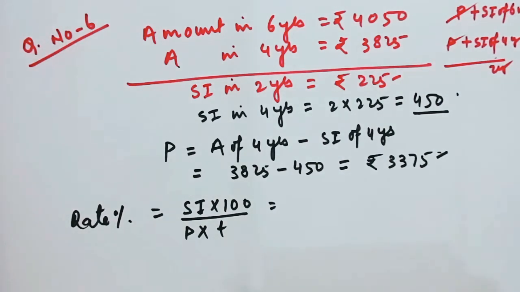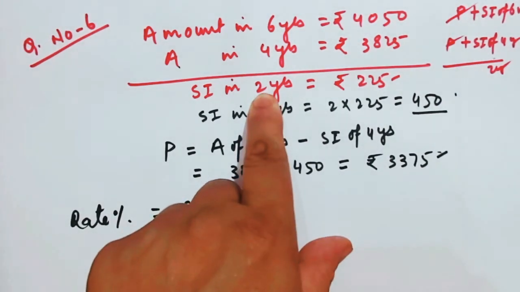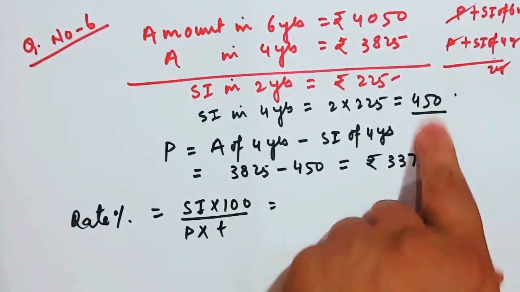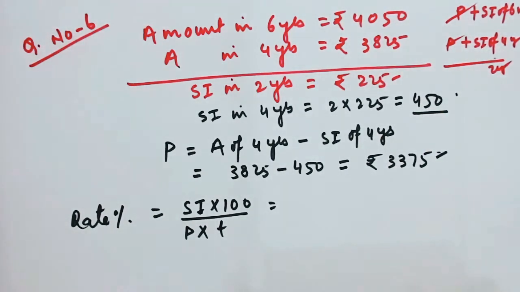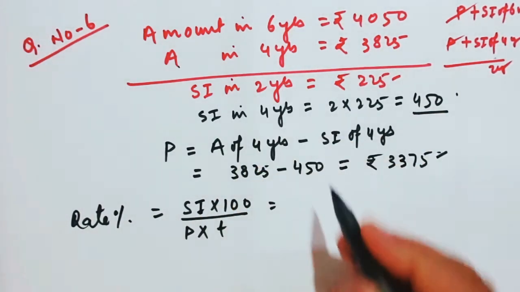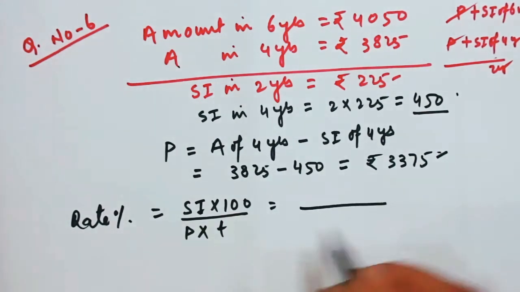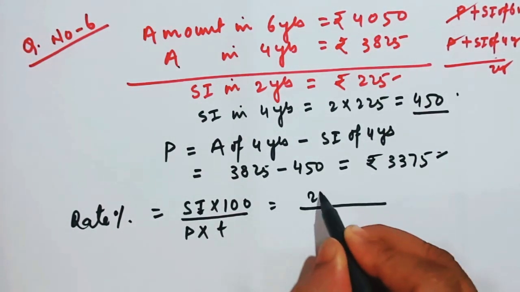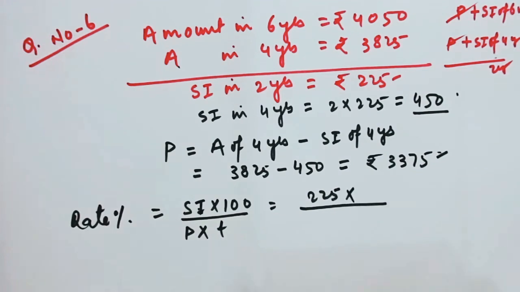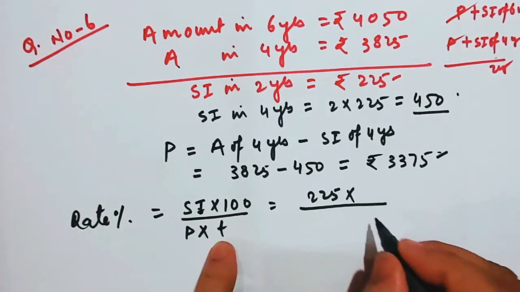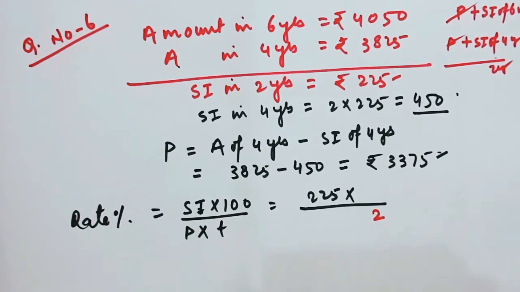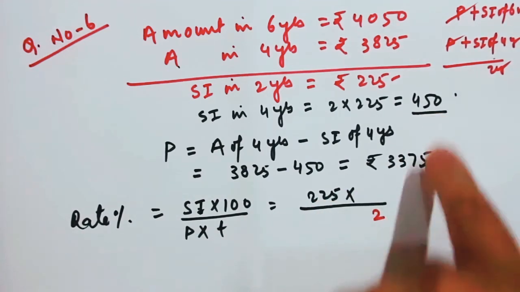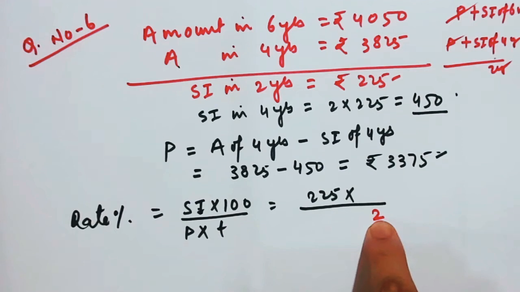Are you taking simple interest of 2 years or simple interest of 4 years? That depends on you. If you take simple interest in 2 years as 225, you will have to put the time as 2 years over here. If you take the simple interest of 4 years as 450, you will have to put your time as 4 over here.